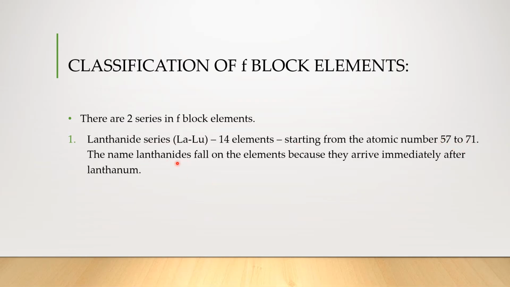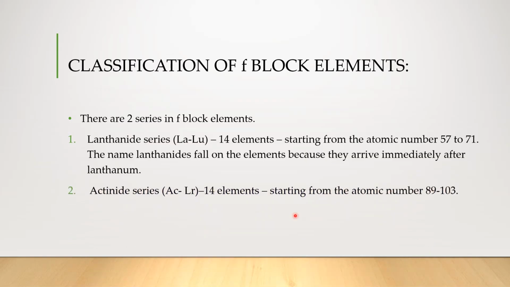The name lanthanides comes from the element lanthanum because they arrive immediately after lanthanum. So it is known as the lanthanide series, okay. The second one is the actinide series, and it starts from actinium to lawrencium, and there are 14 elements in the actinide series, with atomic numbers from 89 to 103, okay. These are the basic classifications of f block elements.